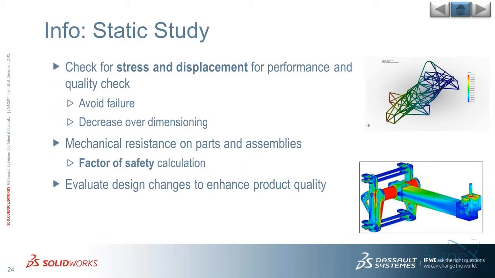We can check different design changes, maybe change some dimensions, and then quickly simulate those and see how it will perform. This allows us to calculate the stresses and factor of safety calculations that are included in the software, so we know that our design will perform the way we expect it.